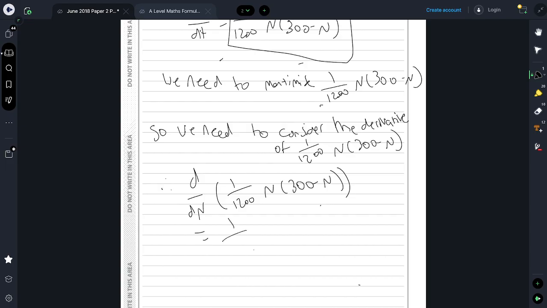That's going to be, again, you bring the constant out, and then you can expand this. That's the same as saying 300n minus n squared. Differentiating, that's going to be minus 2n plus 300. And we need to set this to 0, because a maximum means that this has to be 0, right?